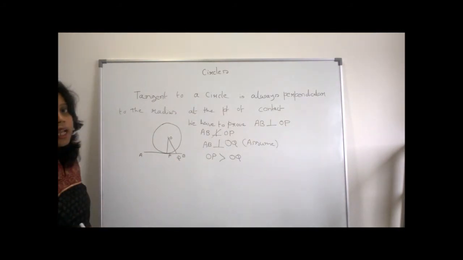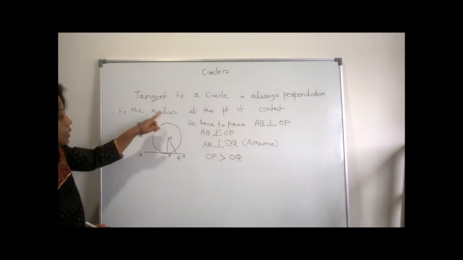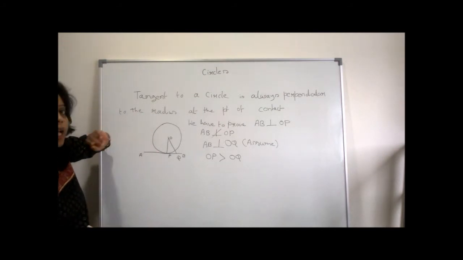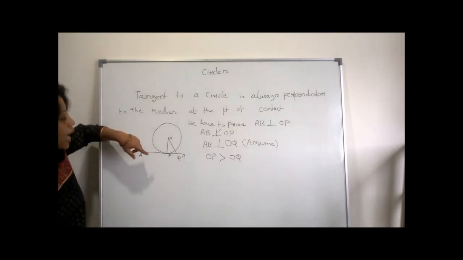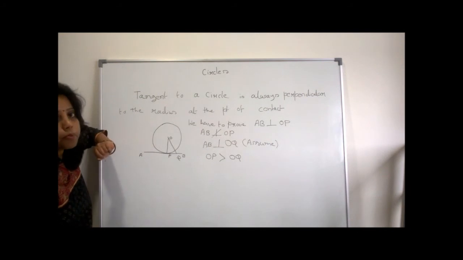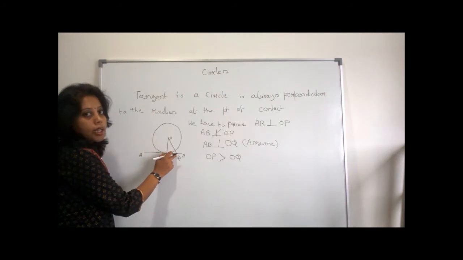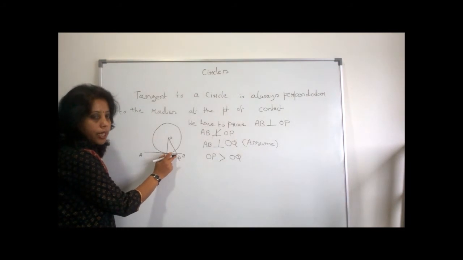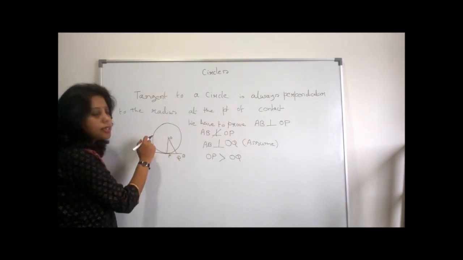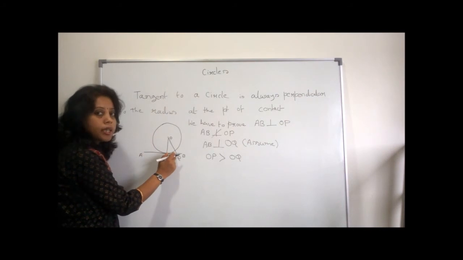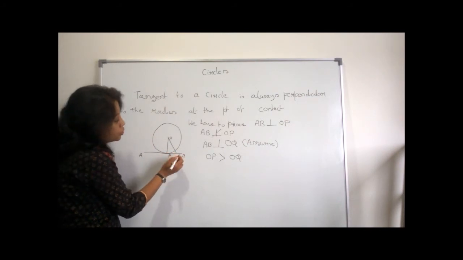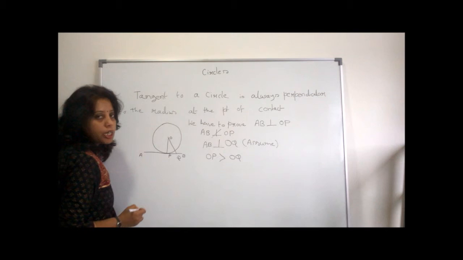The tangent line is a line which touches the circle only at one point. As it touches the circle at the point P, Q must be an exterior point. Q cannot be on the circle.